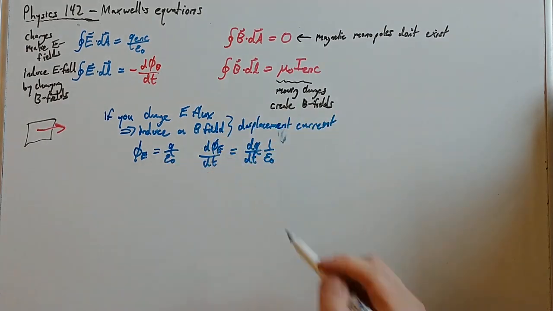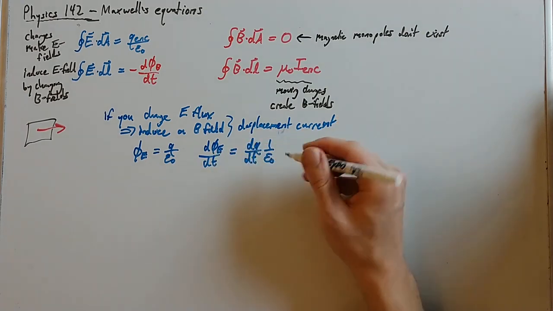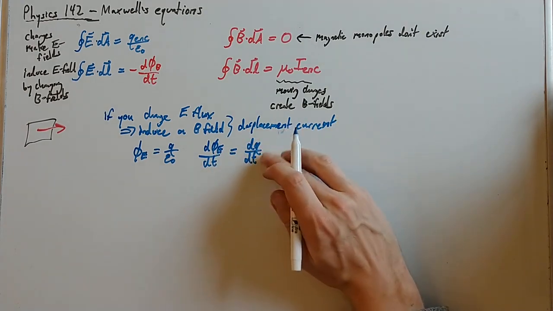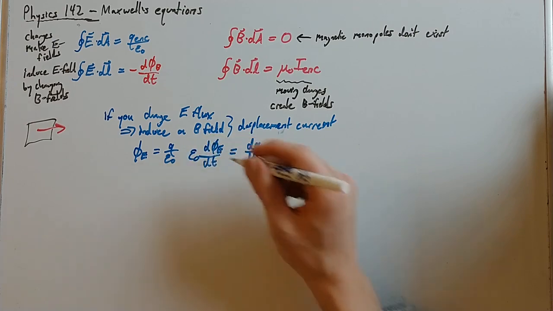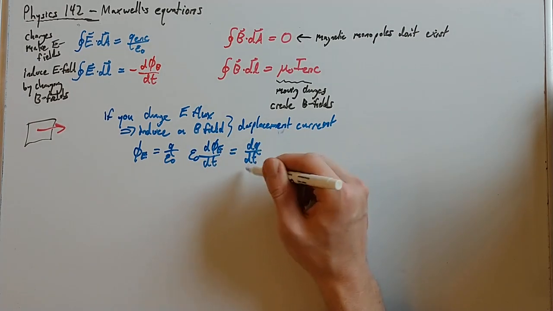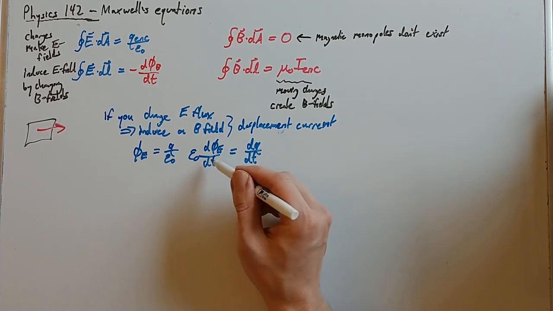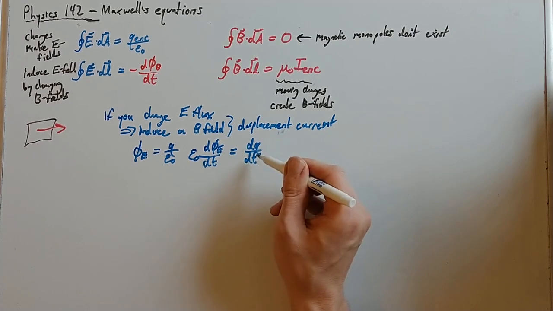That would be the derivative of both sides. And if I multiply the epsilon naught over to the other side, dQ dt, well, that's a lot like some sort of current. So changing electric flux essentially is making some sort of current.